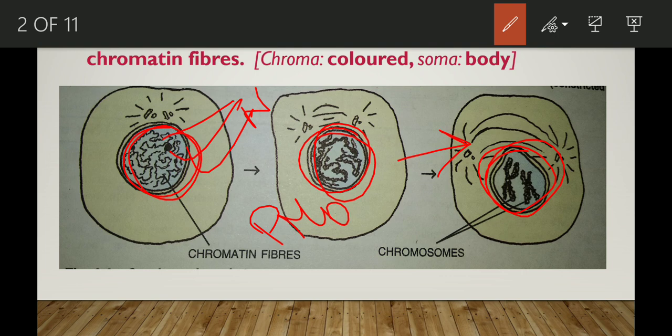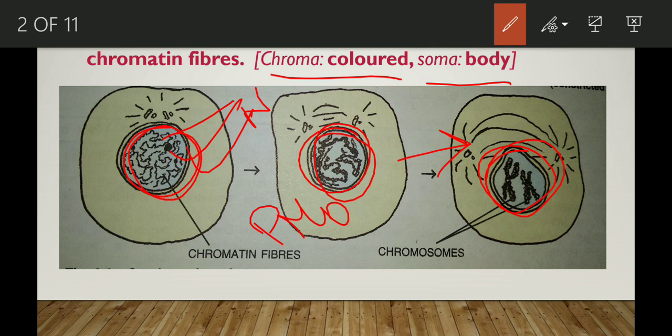The word chroma means colored and soma means body. Why are they considered colored bodies? Because when we stain a cell, meaning we use various colored dyes, red or blue, to color the cell, and then place that cell under a microscope, the chromosomes become colored and we can easily see these structures under the microscope.